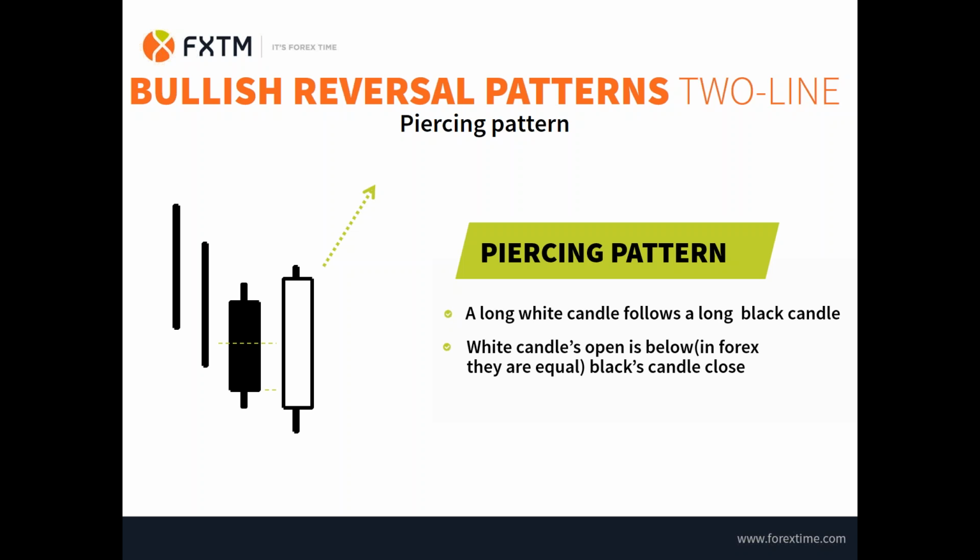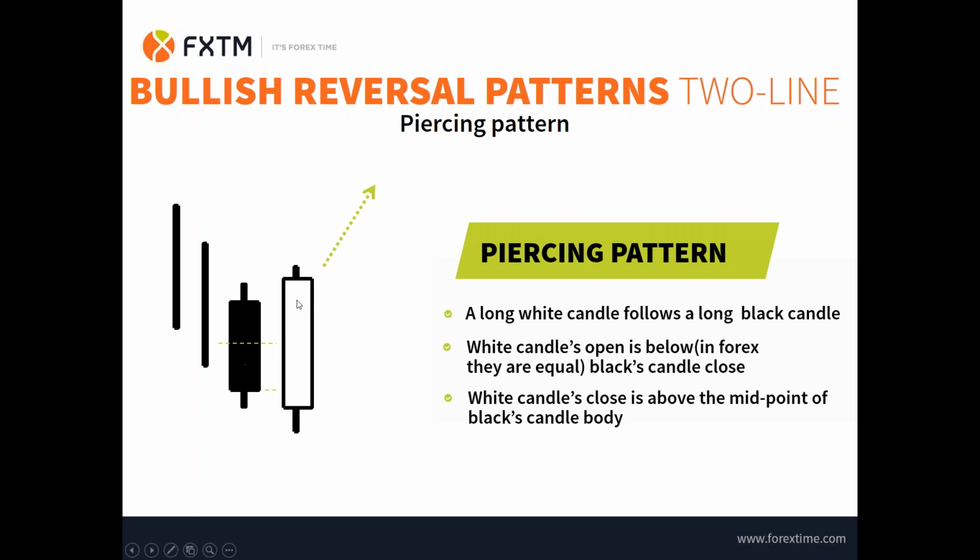So that's why I specify there that in foreign exchange, it's a little bit different. They are equal. Okay, guys, but don't forget that these technical analysis methods and techniques, and theories and concepts that I show you here apply to every financial instrument, either that is foreign exchange, or it might be CFDs, or it might be stocks, yes? So that's why we have to give the whole picture, and then we can make the adjustments to the specific market. Very good. So this is the piercing pattern, but we have more.